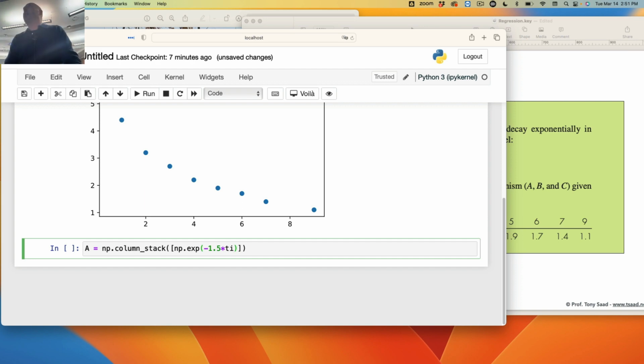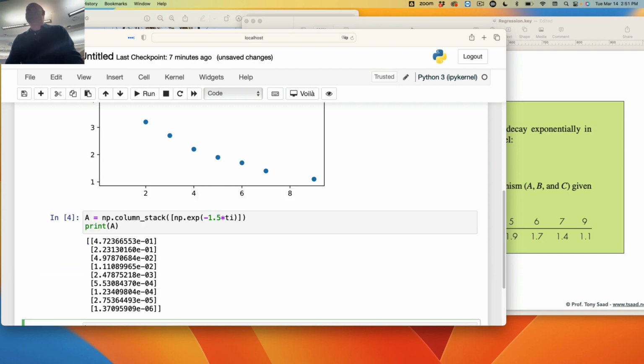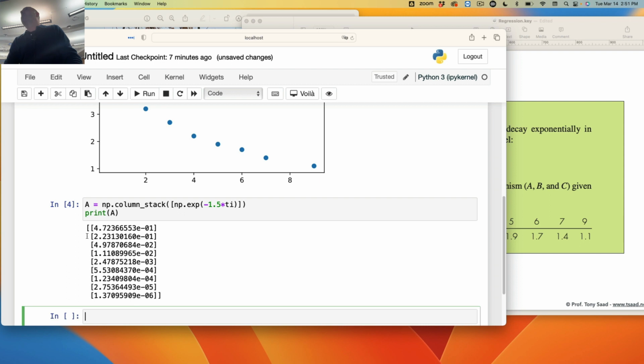So if you look at this, what is this? This is a column vector of np.exp of minus 1.5 applied at the first observation, second observation, third observation, fourth observation, and so on. Okay? That's the first basis function, observation 1, 2, 3, 4, etc.